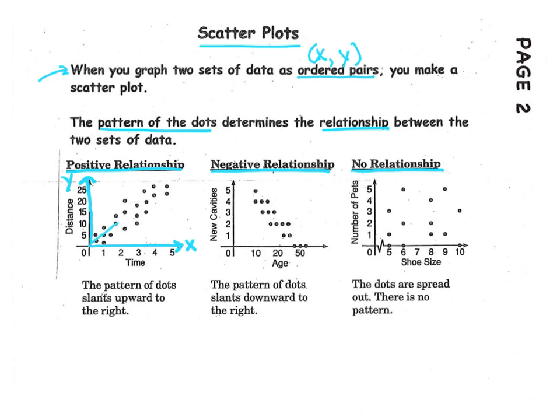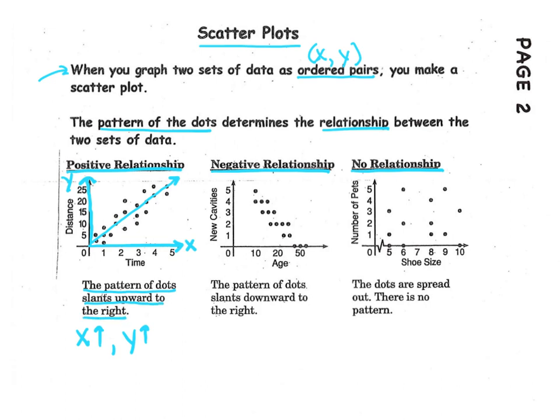You can see that there's a trend or a pattern among the dots. Clearly, this is a positive relationship. As X increases, Y also increases. The pattern of the dots slants upward to the right.